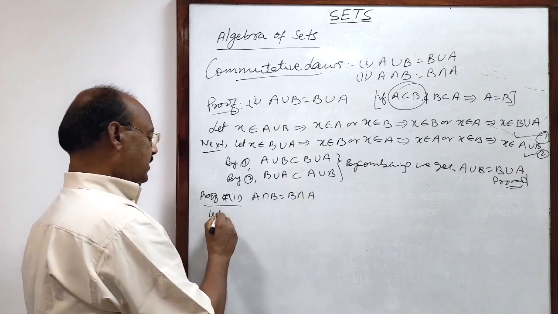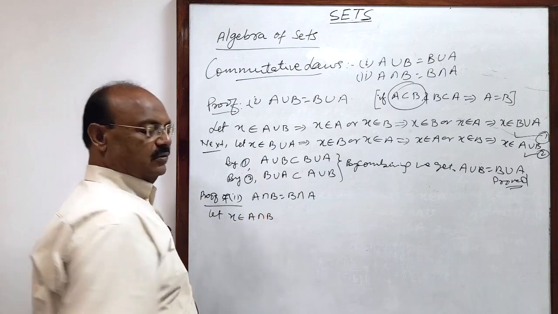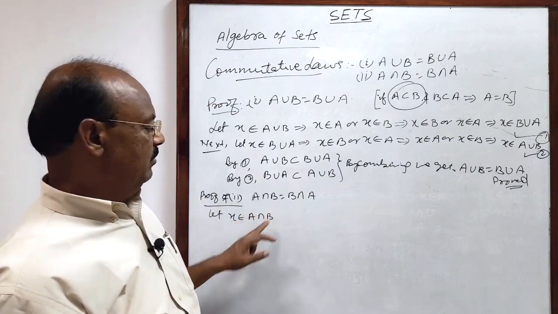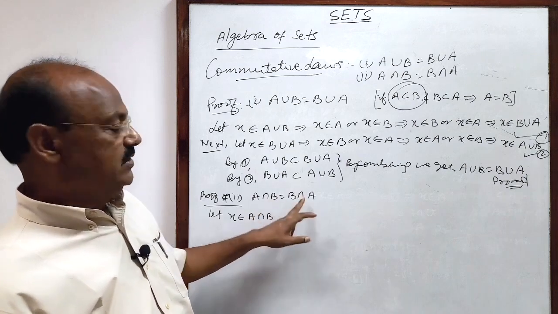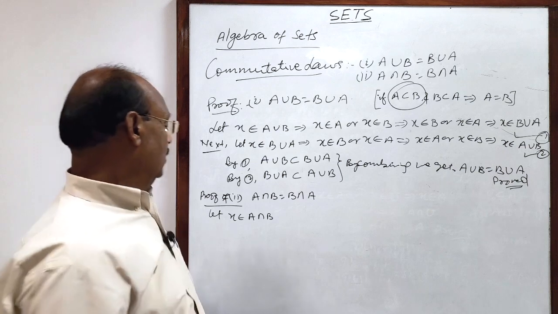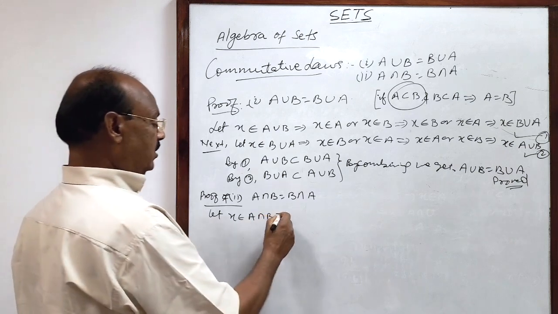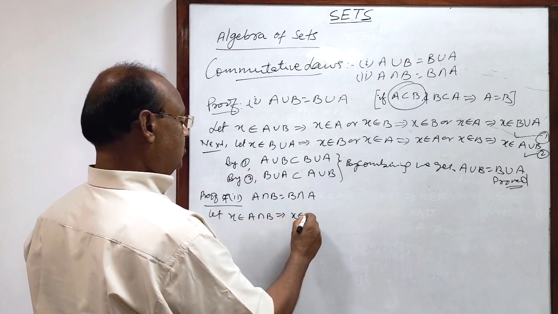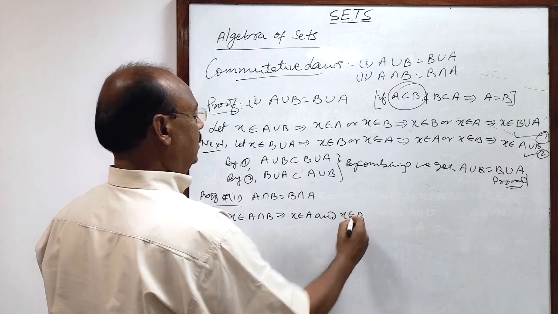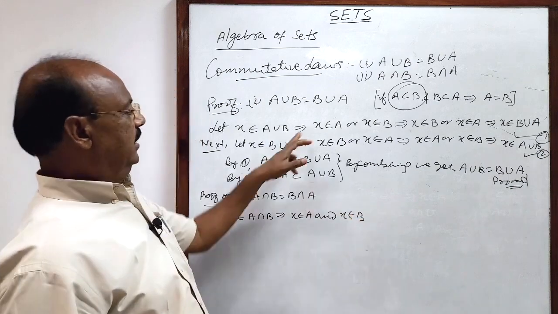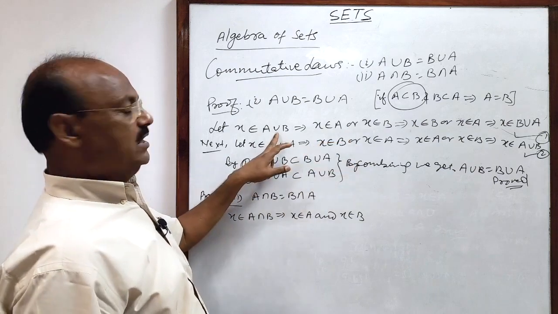So let us write X belongs to A intersection B. Take care, here we are starting from the left hand side and we will come to the right hand side, then the left hand side will be a subset of the right hand side. So let X be an element of A intersection B. This implies that X belongs to A and X belongs to B. The only difference is that in the first law we used the word OR due to the union sign.